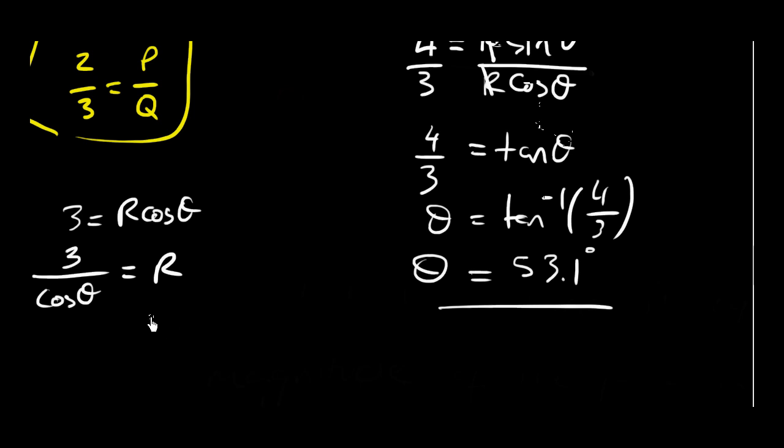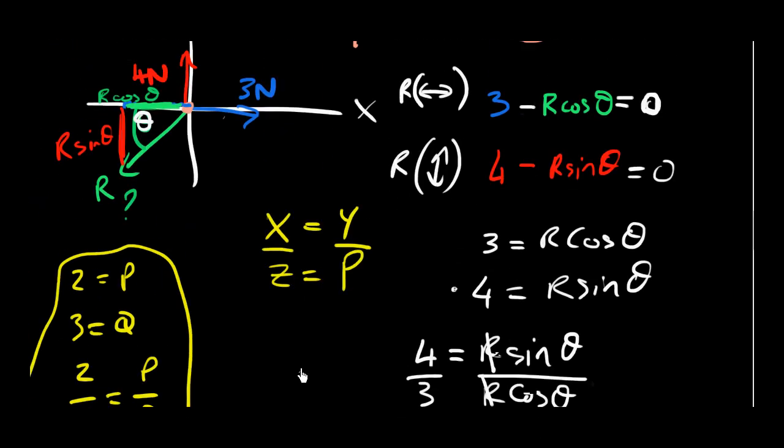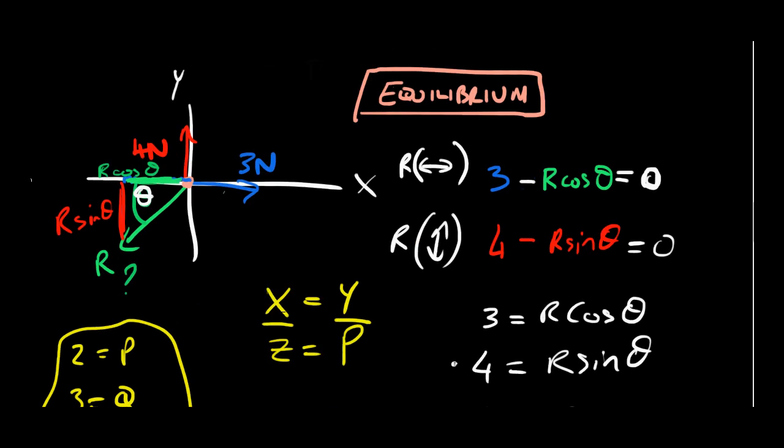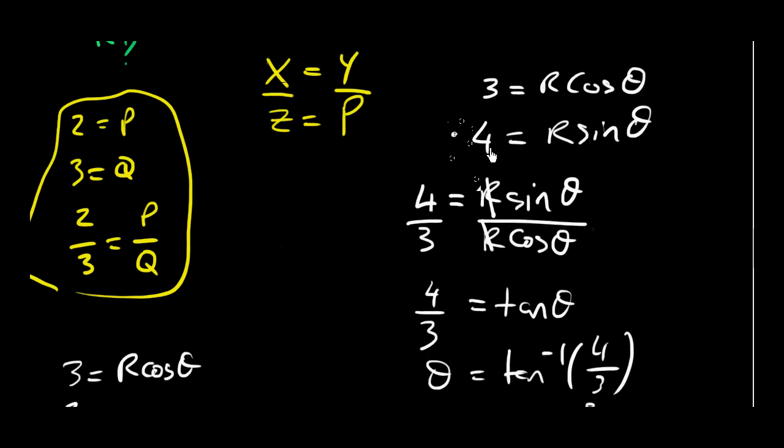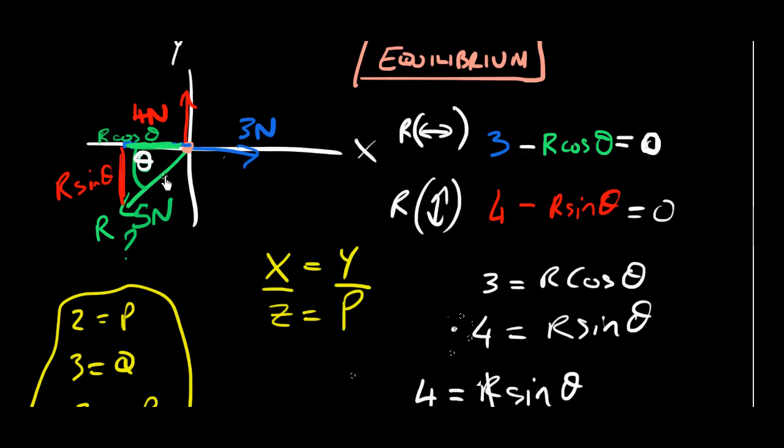And so 3 divided by cos of the angle we just worked out, cos of the answer is equal to 0.6, so 3 divided by the answer is 5, so r comes out to exactly 5 newtons. So then we have our answer, which is that R would be equal to 5 newtons, and this angle here would be 53.1 degrees. Okay, so hopefully that made sense.